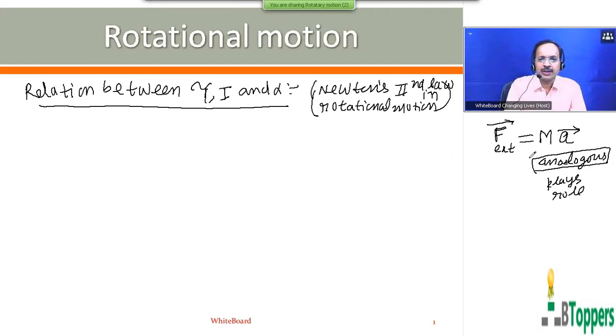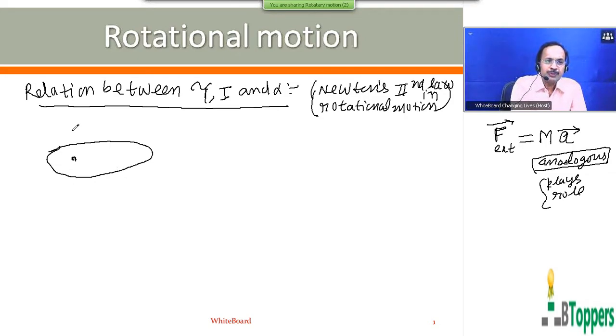The quantity in rotational motion corresponding to force is torque or moment of the force. So the role of torque in rotational motion is analogous to the role of force in translatory motion. So I am going to arrive at a similar conclusion for a rigid body in pure rotational motion. Let us consider a rigid body performing pure rotational motion about a fixed axis, or a system of particles which perform pure rotational motion about a fixed axis with a common angular acceleration alpha.